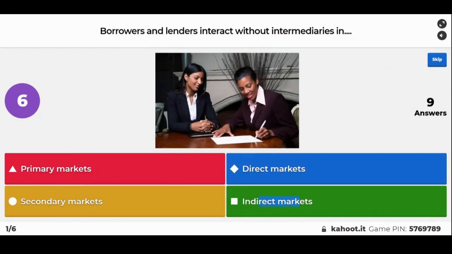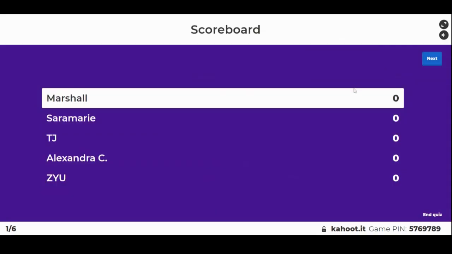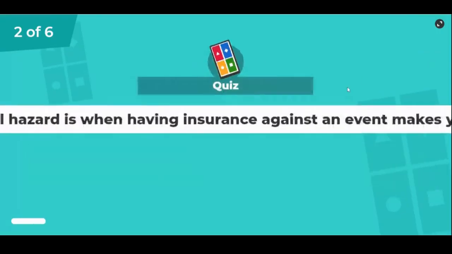Someone is thinking. 5, 4, 3, 2, 1. There. The answer was direct markets. Let's see how we're doing. Marshall and Sarah Marie are drawn on the top.